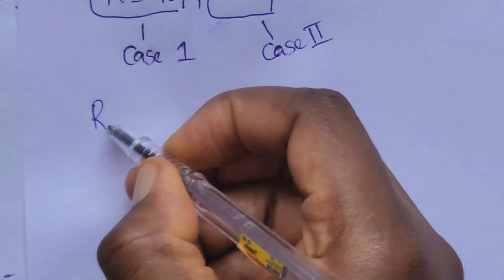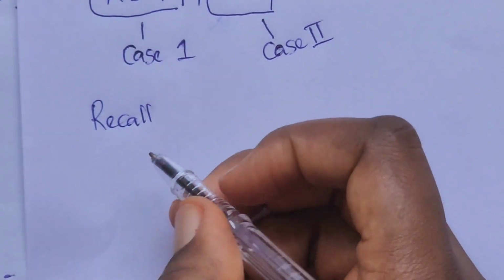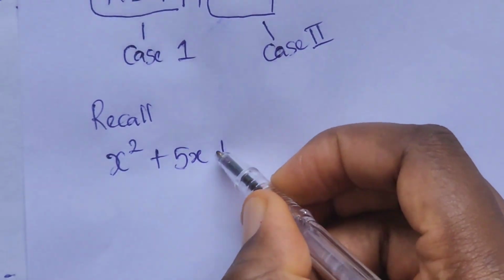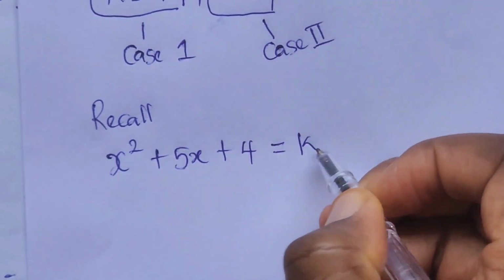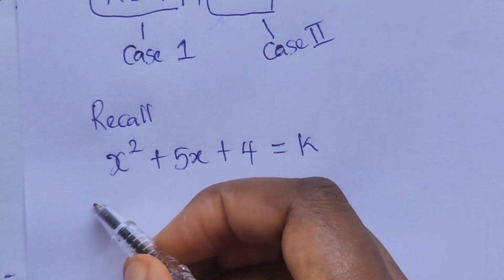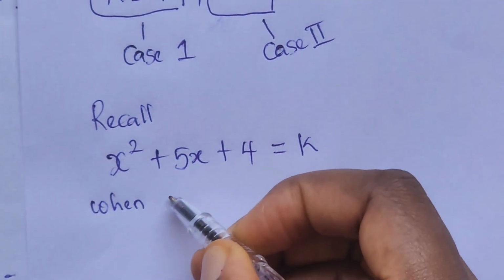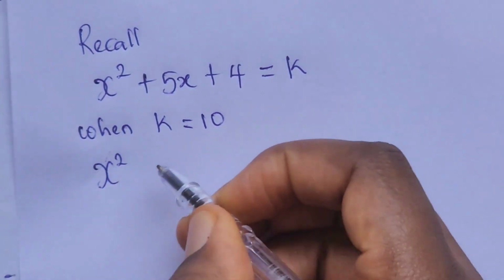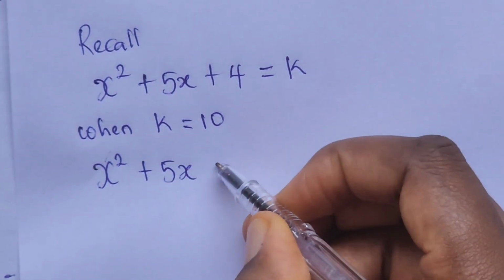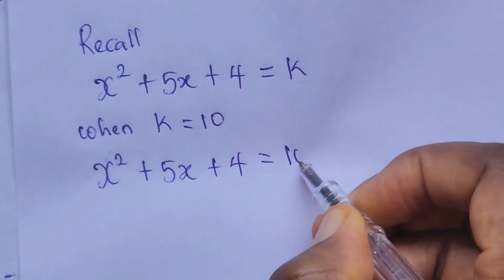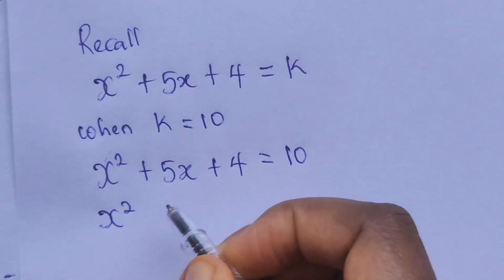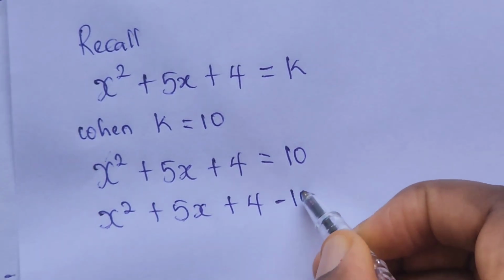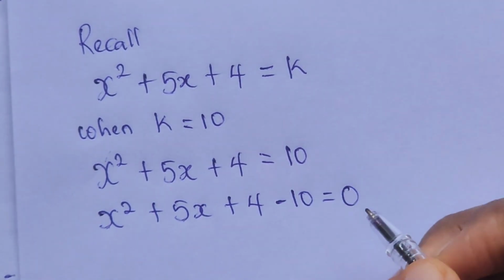So let's recall that x squared plus 5x plus 4 is equal to k. So for case 1, when k is equal to 10, we have x squared plus 5x plus 4 equal to 10. So we have x squared plus 5x plus 4 minus 10 equal to 0.